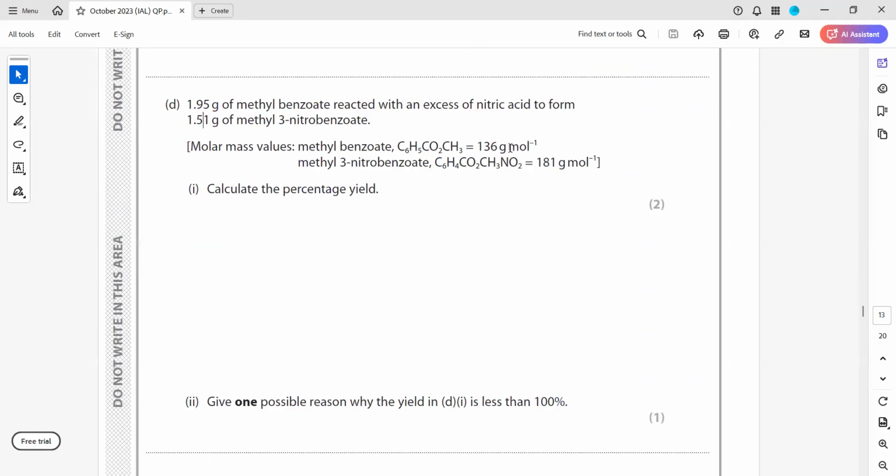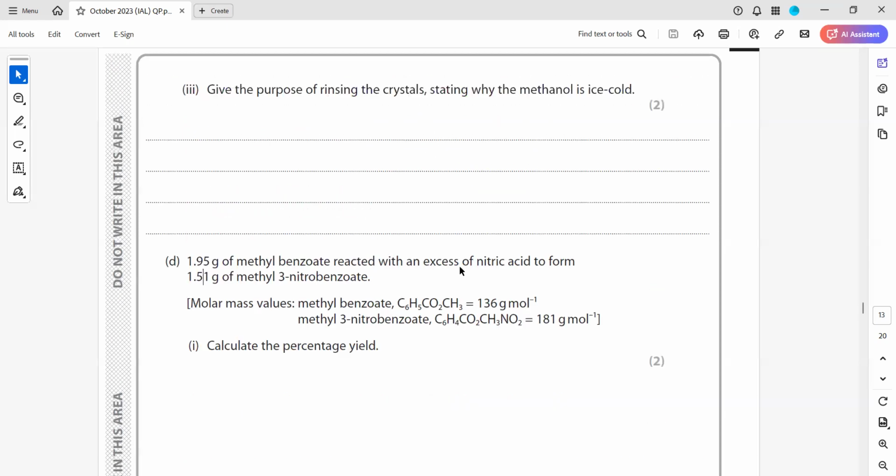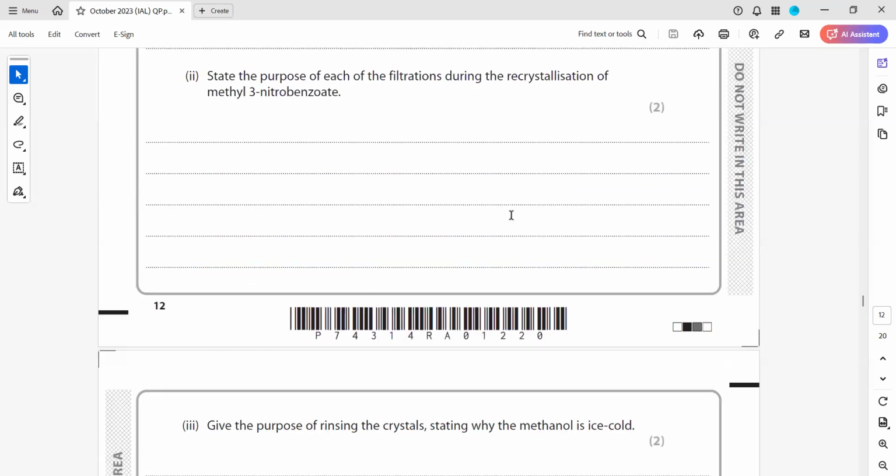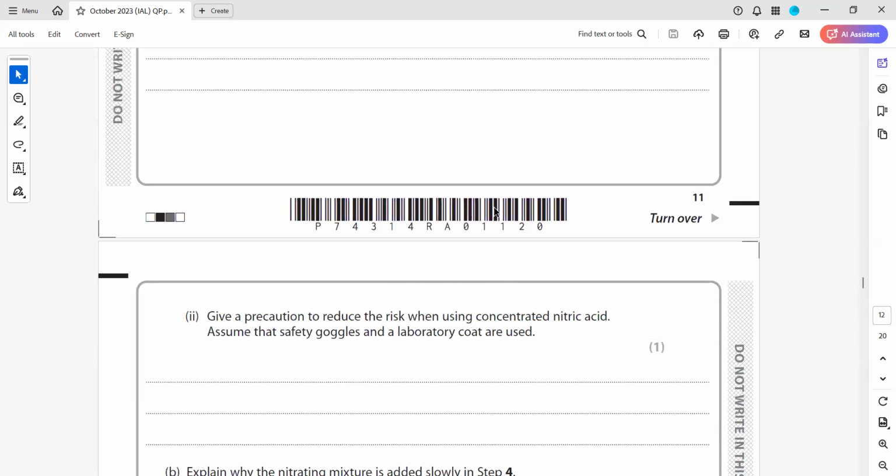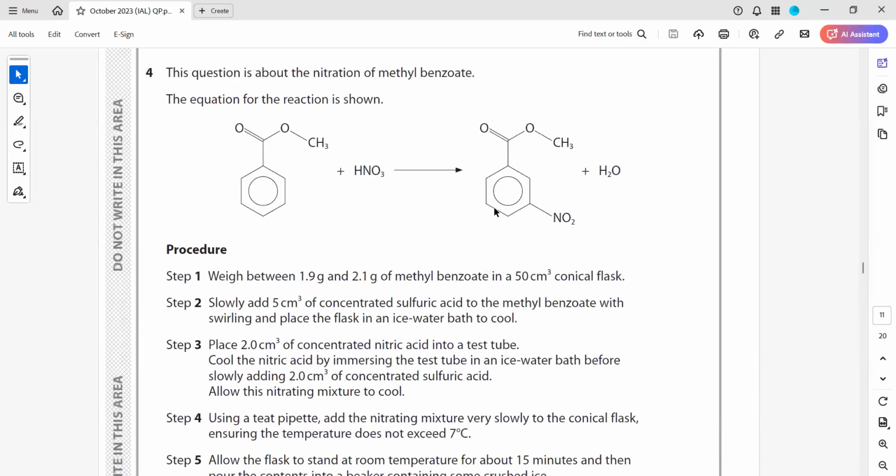According to this, the mass of methyl benzoate is 136, and the mass of methyl 3 nitrobenzoate is 181. So according to the equation, 136 gives 181. Then we have 1.95 grams. How much is there?